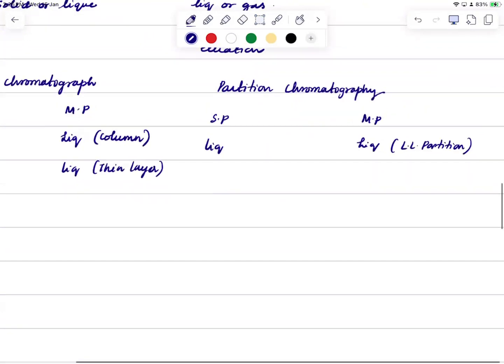Got it? Next, in case you have something like paper chromatography, where this part is a liquid here, and this passes either gas or liquid, this could be paper chromatography.